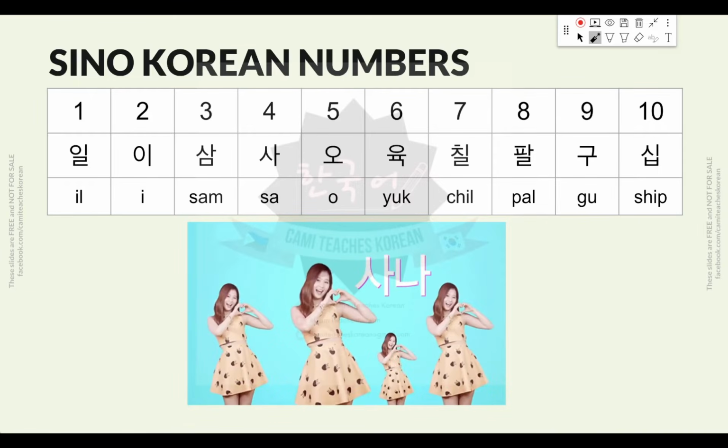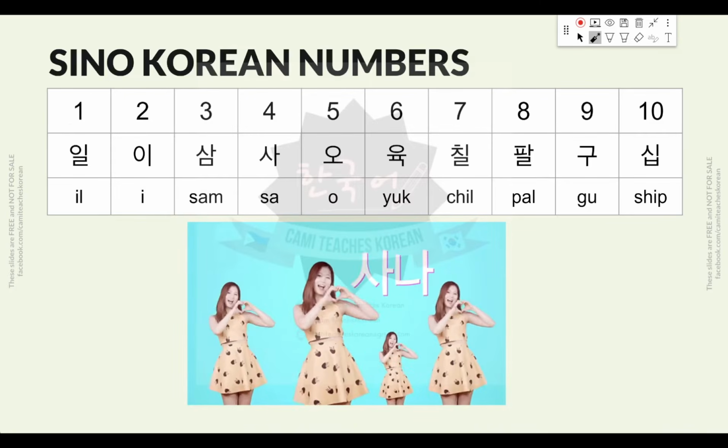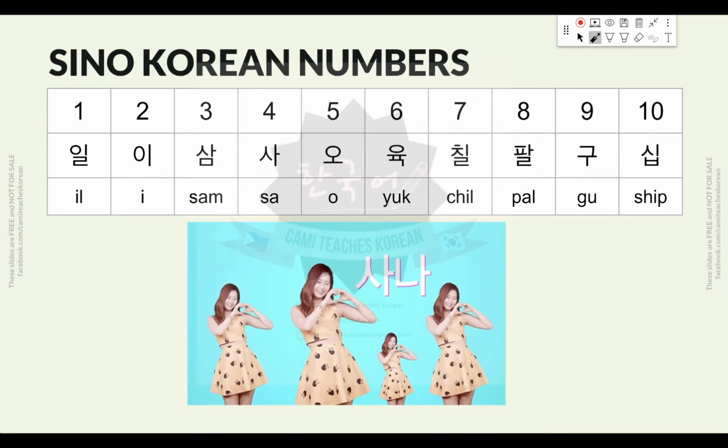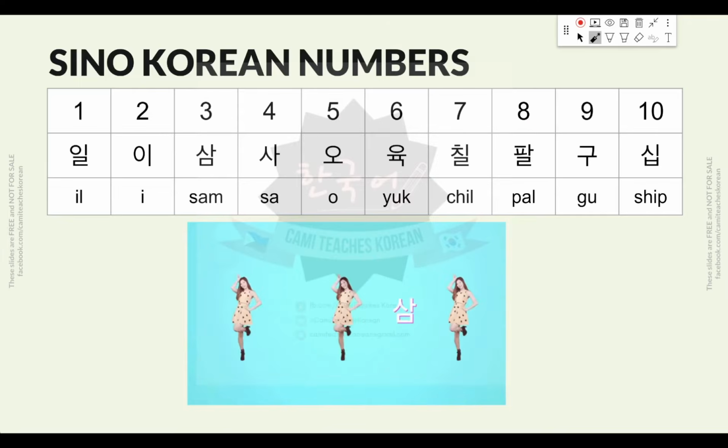Ayan, ang numbers 1 to 10 po, 1, 2, 3, 4, 5, 6, 7, 8, 9, 10.